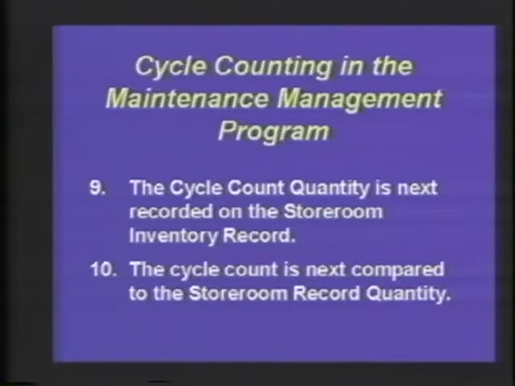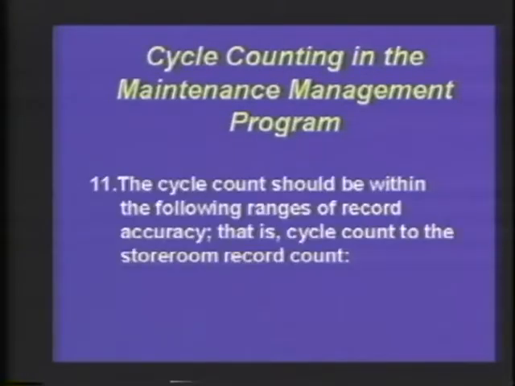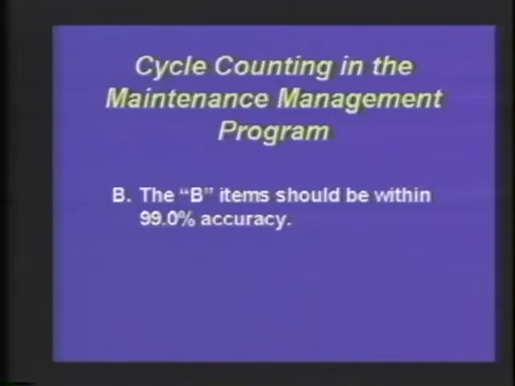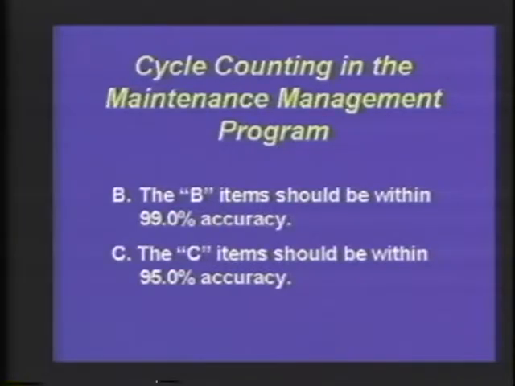And step 11 are the parameters of accuracy that cycle counting is looking for. The A items must be 99.5% accurate, that is cycle count to the bin on hand record. The B items must be 99.0% accurate, and the C items should be 95.0% accurate.